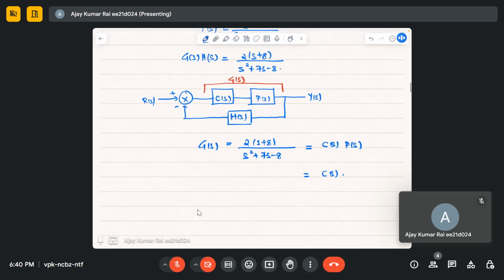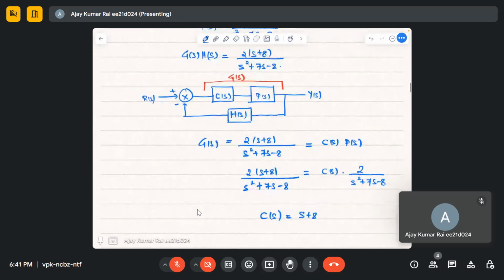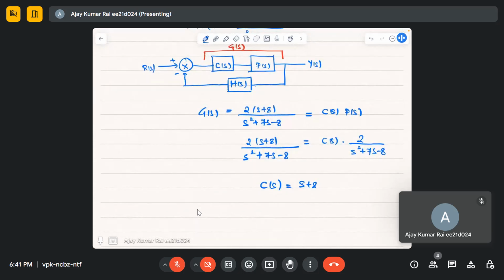P(s) is given in the question, 2 into s square plus 7s minus 8. You just compare the left hand side with the right hand side. So what you can see, C(s) is equal to s plus 8, right? Correct. G(s) is given, P(s) is given, you have to find out C(s). So C(s) is coming out to s plus 8.